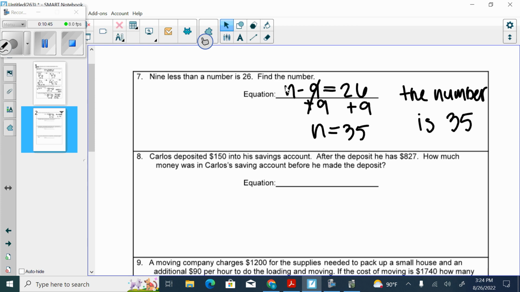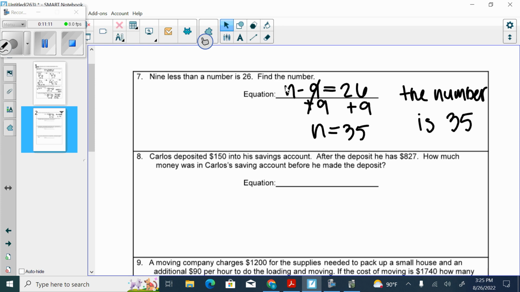All right. Number 8 says Carlos deposited $150 into his savings account. After the deposit, he has $827. How much money was in Carlos's savings account before he made the deposit? Okay, so he deposited $150.